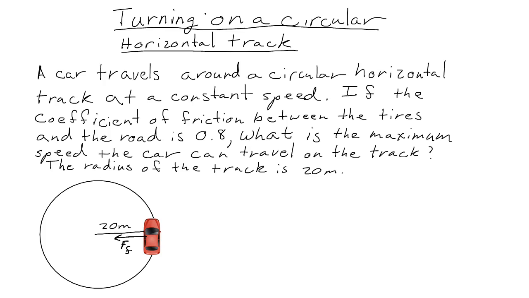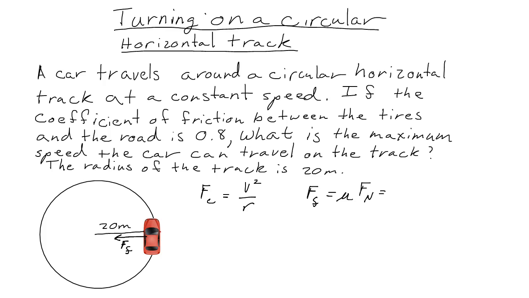Okay? And we know from our previous work that the centripetal force is equal to the mass times velocity squared divided by the radius of the circle we're traveling in. And we know from our forces unit that the force of friction, in this case it's dynamic friction because we have a moving object, is equal to our coefficient of friction times our normal force.